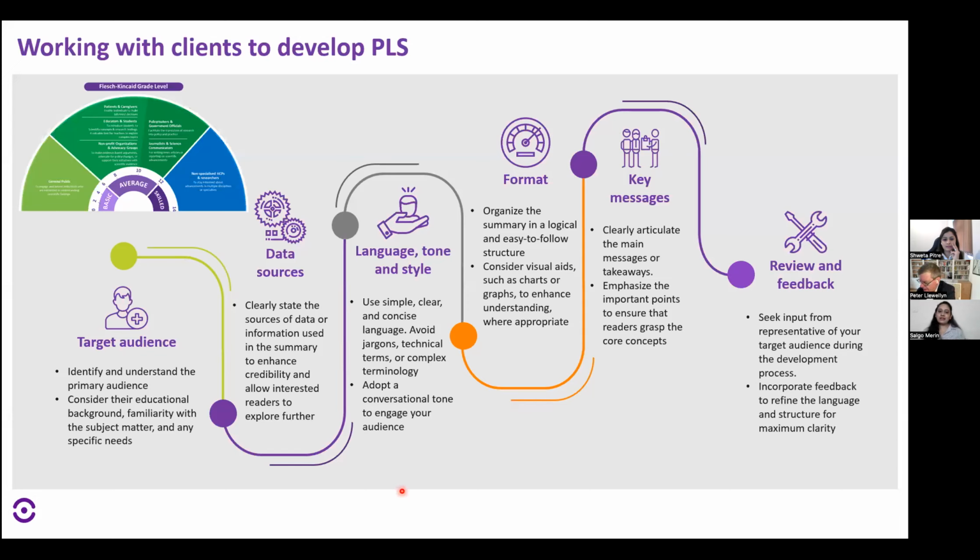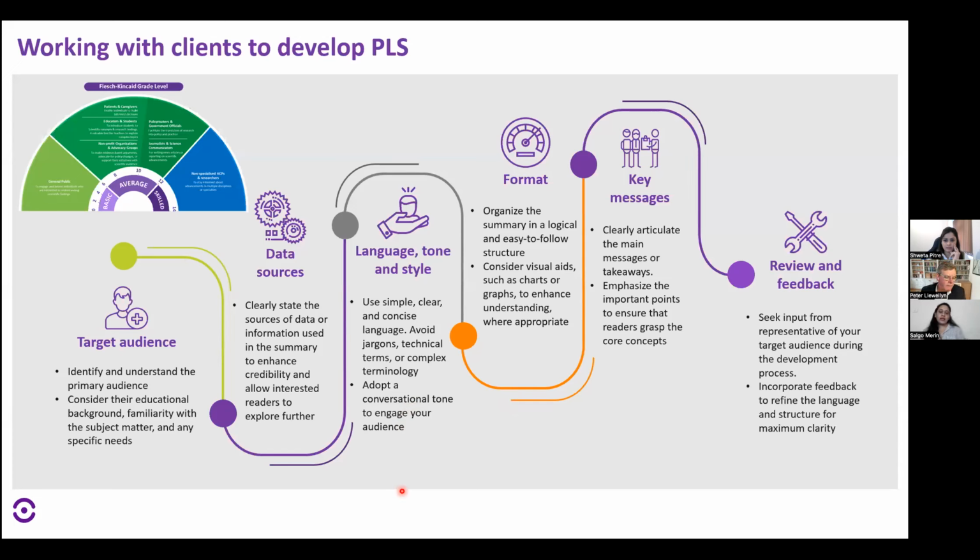And then the other stakeholders would be your clients, who would be your POCs, your authors, your main lead authors. And if the team wants, they can even have patient authors involved in the development of a PLS. So there are a lot of stakeholders involved in developing one PLSP or even a simple PLS.